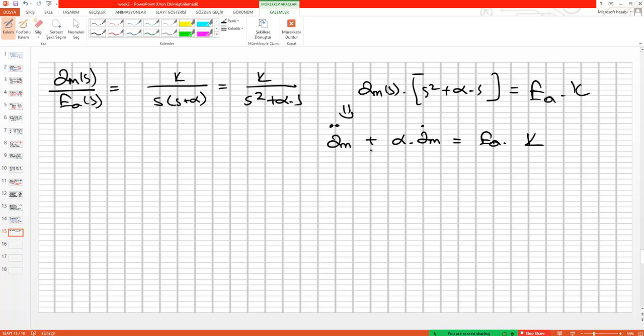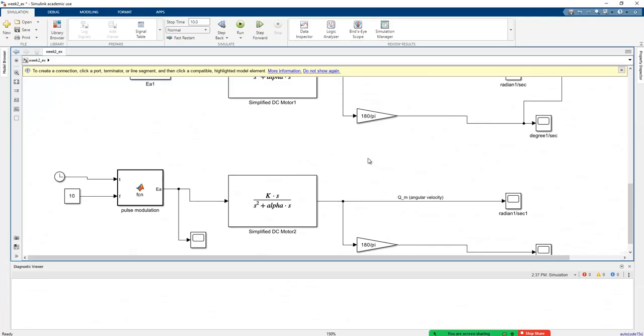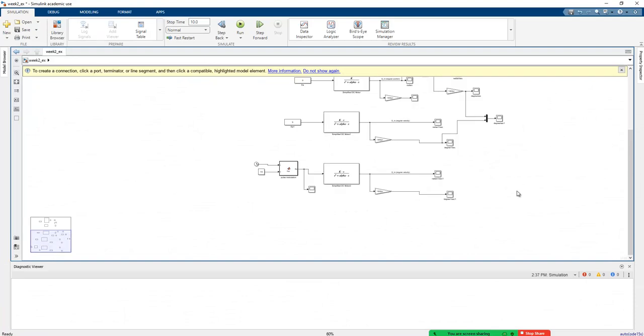Okay, and so theta m dot dot should be equal to minus alpha theta m dot plus EA k. These are the formation of the solution. And so if we are using this nomination, then we can build the new MATLAB function body for this one.